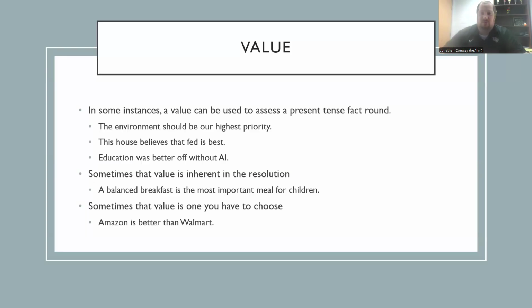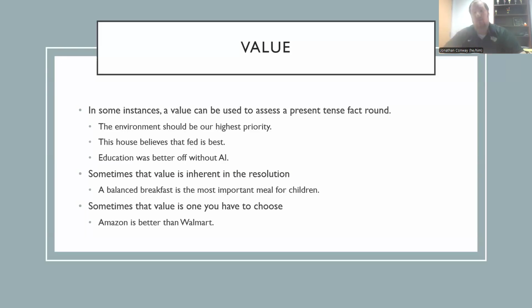Sometimes that value is one you have to choose. So Amazon is better than Walmart. I would argue this feels value-ish, but because it's present tense, you can use a value criterion such as environmentalism, such as accessibility, to argue this.